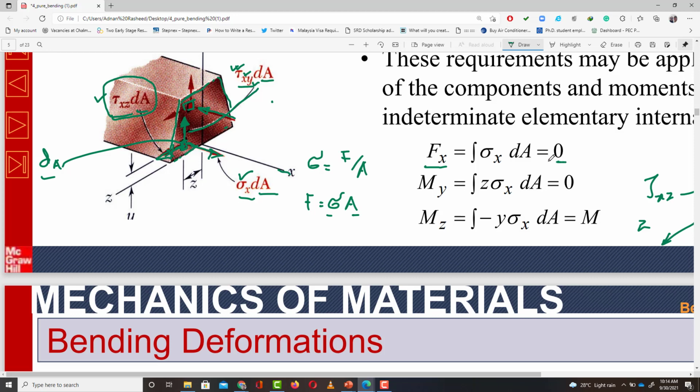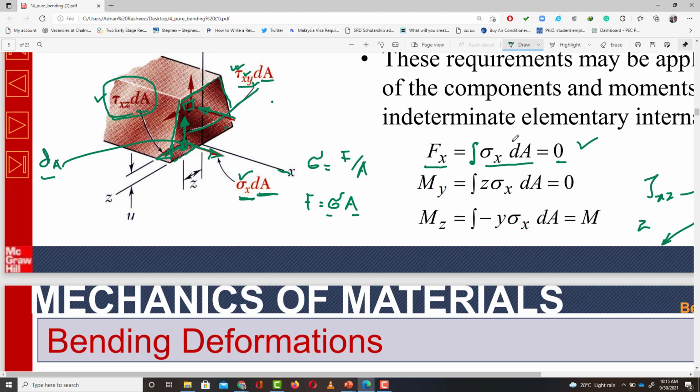So how do we find the sum of all forces? That is the integral of all the forces over the entire area. Sigma x times dA is the normal force. Clear? When you integrate it, the sum of all forces along the x direction must be equal to 0.